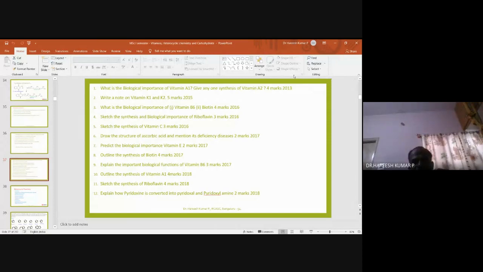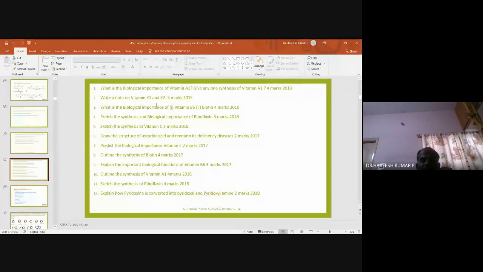Then write a note on vitamin K1 and K2. Maybe the difference is in the side chain. Here it is a 20 carbon atom side chain, but in K2 there are isoprene units, 5 times isoprene, 29 carbon atom content. That difference you can mention, and their isolation.